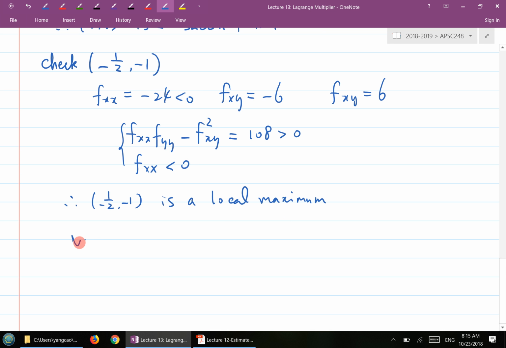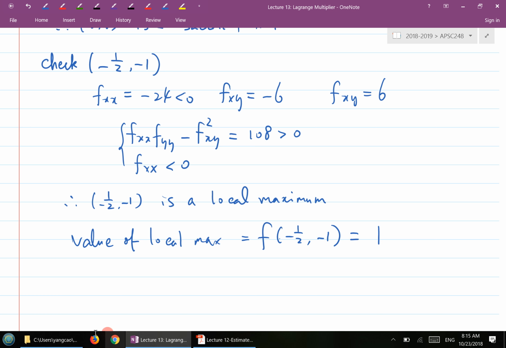And it's very easy. All you need to do is substitute this value into the original function. So the value of the local maximum equals the original function with the stationary point substituted, and I give you a value of 1 here.